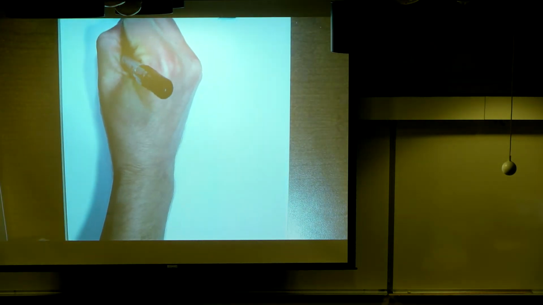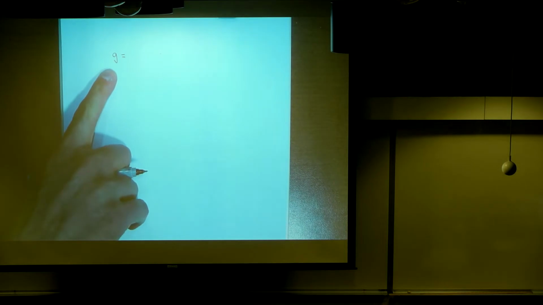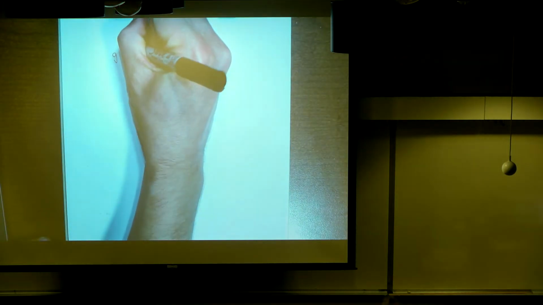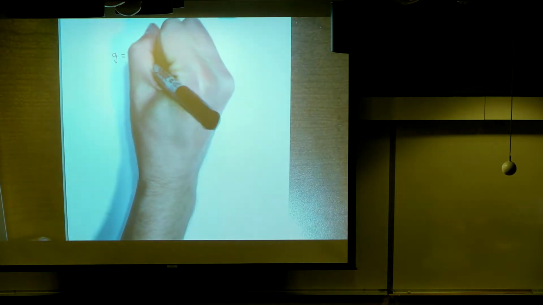All right, so I'm just going to grab a result that we derived in the previous lecture, which is that if you have a spherical body, the acceleration due to gravity on that body, which we denote as lowercase g, is equal to big G, big M, the mass of the spherical body, divided by r squared.